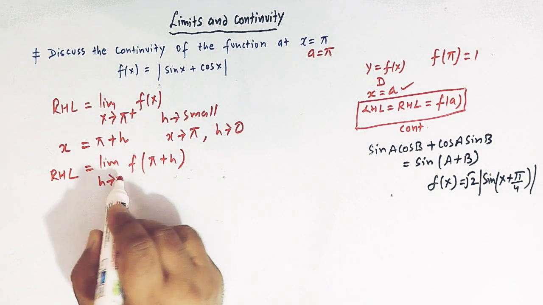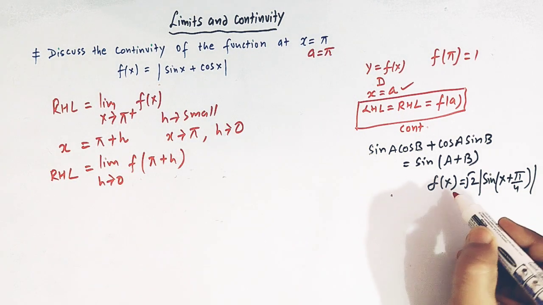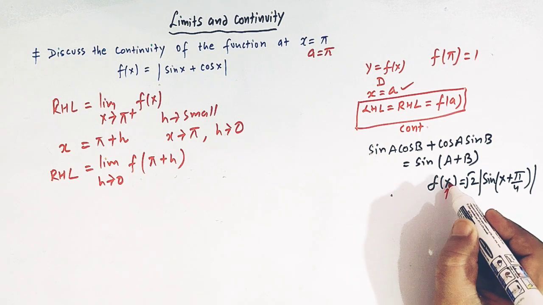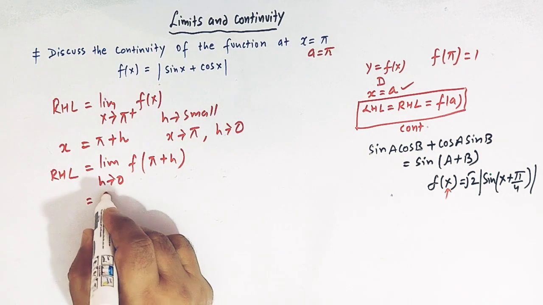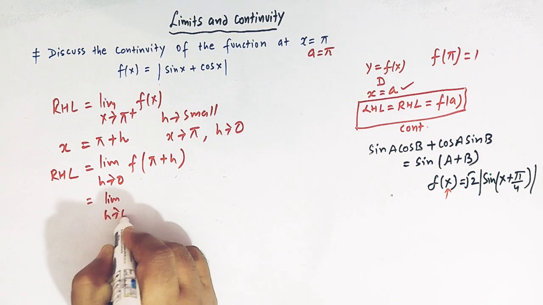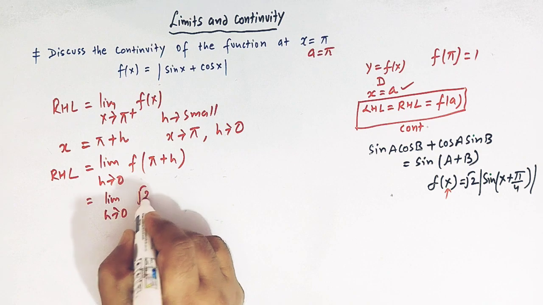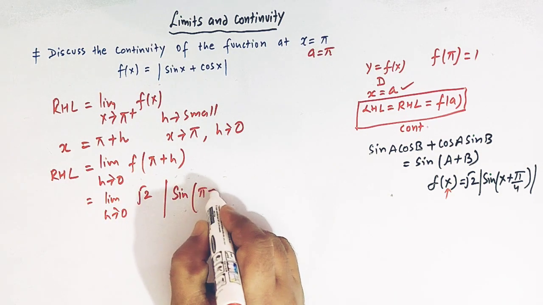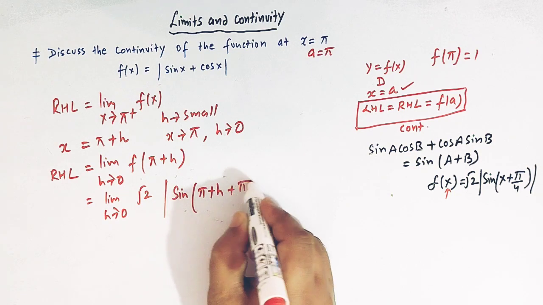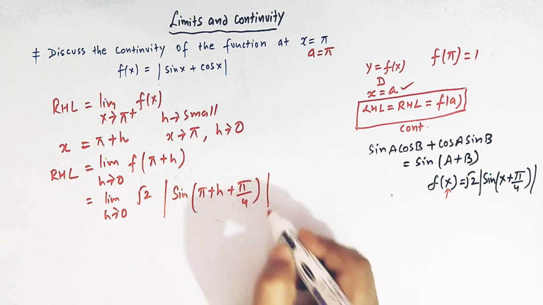So now the value of f of pi plus h can be obtained by taking x is equal to pi plus h in this expression. So we have limit h tends to 0. Here we have square root of 2 and mod of sine, here we have pi plus h plus pi by 4, right?